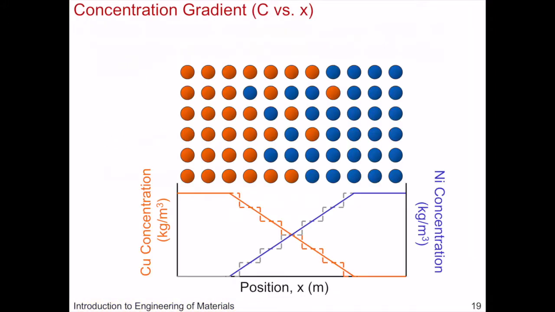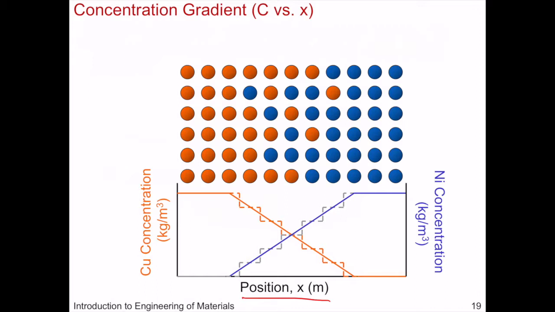So just as I've mentioned, when atoms start moving around, the concentration is going to change. And in fact, there's going to be a concentration gradient as time goes on. And so here we see the concentration of copper atoms, and that happens to be in orange, plotted as a function of the position in the x direction.